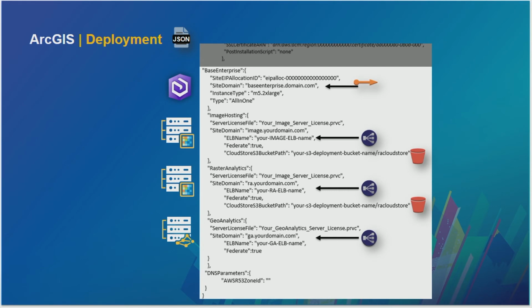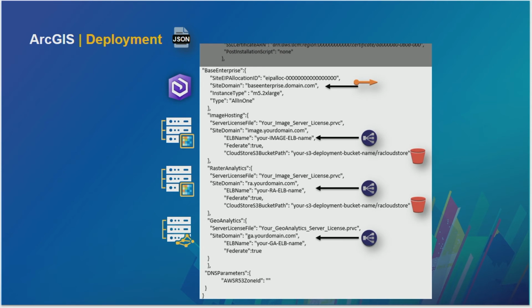And now, more into the meat of it: this is my ArcGIS base enterprise, single machine. This type, all-in-one, is the web adapter, portal, server, relational, and tile cache data store, all in one single machine.